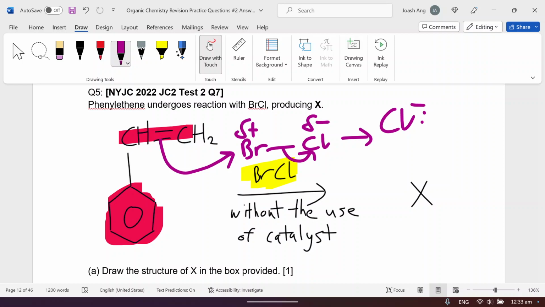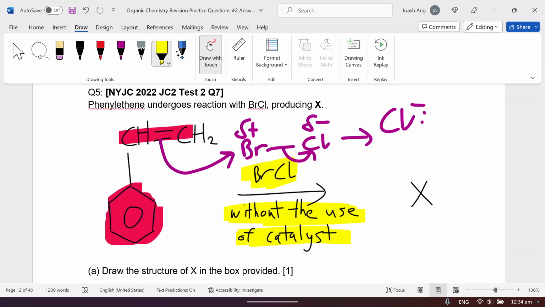Another thing to take note of is that there's no use of a catalyst right here. That's the reason why I didn't use my benzene ring to attack the electrophile: without the use of the catalyst, our conditions are actually milder. When our condition is milder, remember I said the benzene ring is less nucleophilic compared to the alkene.